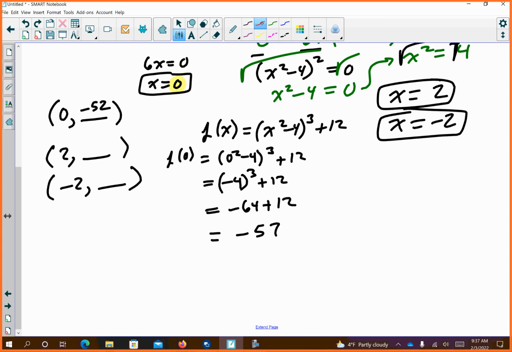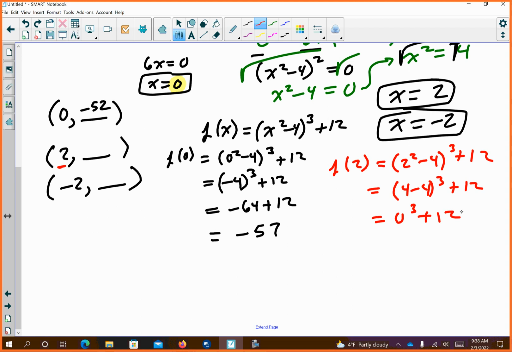Then I'm going to take 2 and plug it into the original equation. 2 squared minus 4 to the third plus 12. So that's going to give me 4 minus 4 to the third plus 12, which gives me 0 to the third. 0 to the third is obviously 0, so that gives me an answer of 12 there.